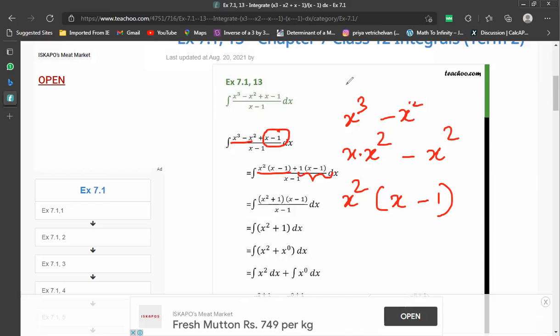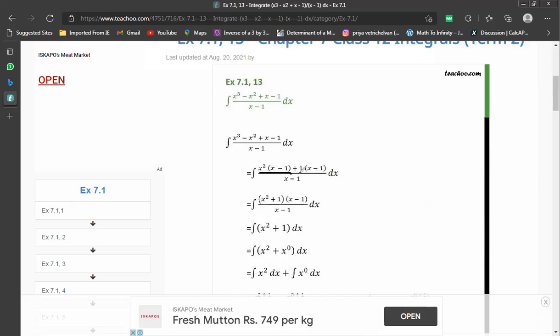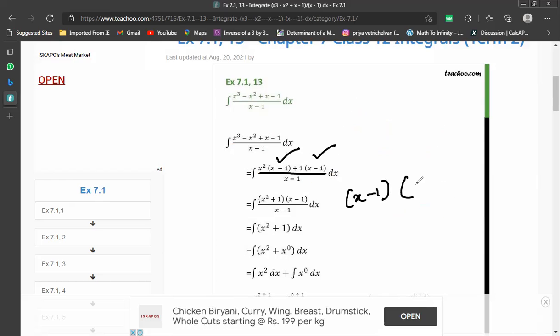And again, if you check the numerator, you can find the x minus 1 expression as common. So you can take x minus 1 as common now. If you take x minus 1 as common, you'll be left with x square and 1.